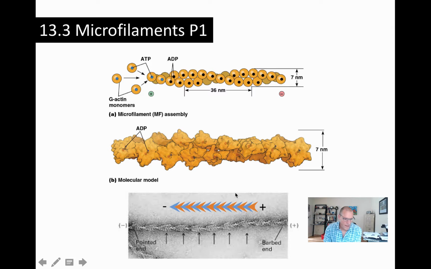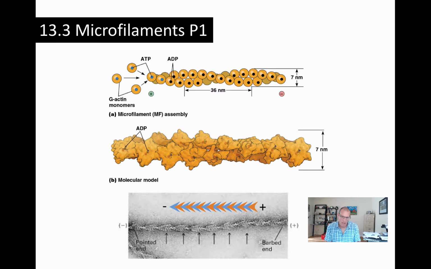Actin filaments have a minus end and a plus end, but unlike with the microtubules, it's harder to tell which end is which. And so a technique called decoration can be done to show which end is minus and which end is plus.